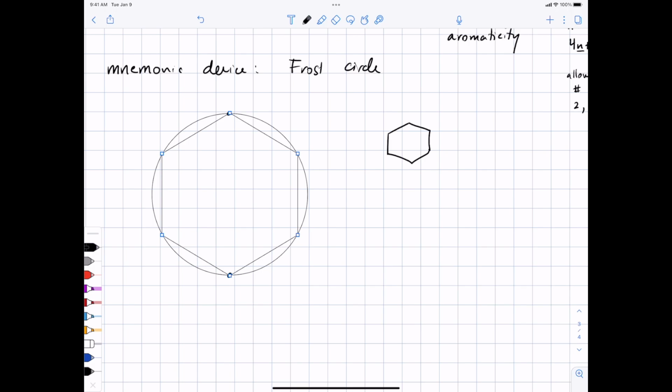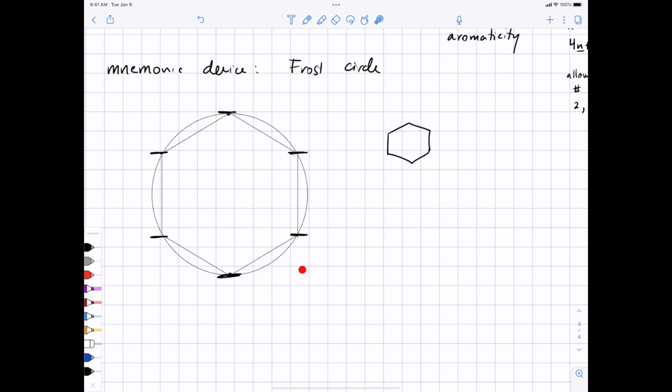Every place where the hexagon meets the circle is the location of an energy level. And that's your MO diagram for benzene, without knowing anything about the actual math. And this actually works pretty well quantitatively if you do the geometry.